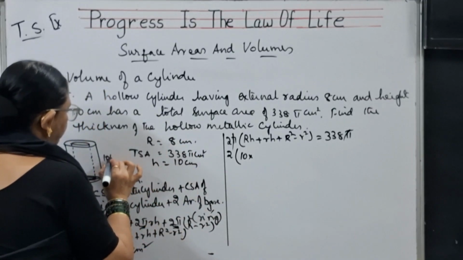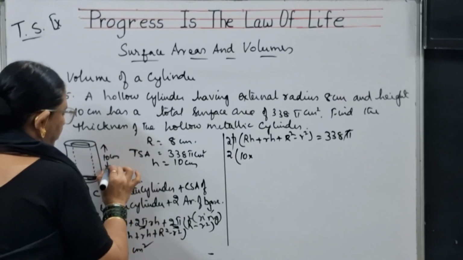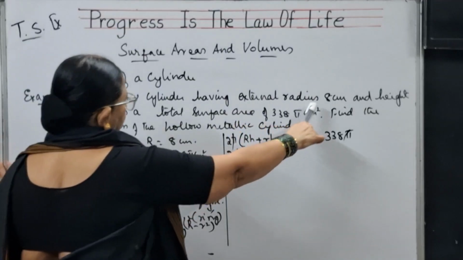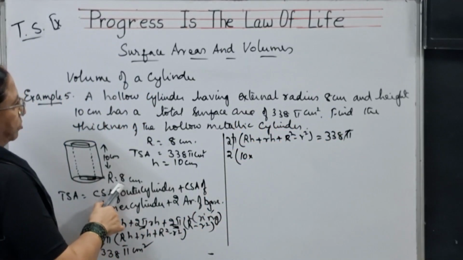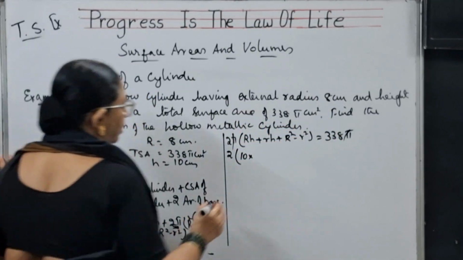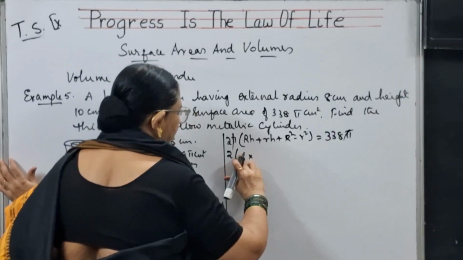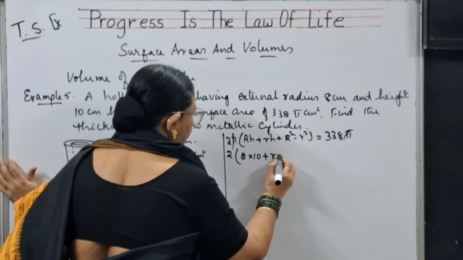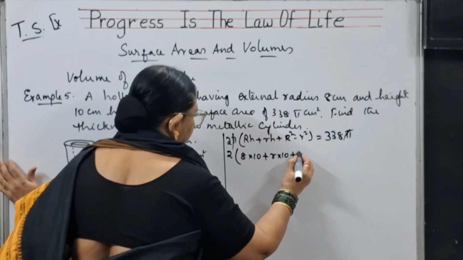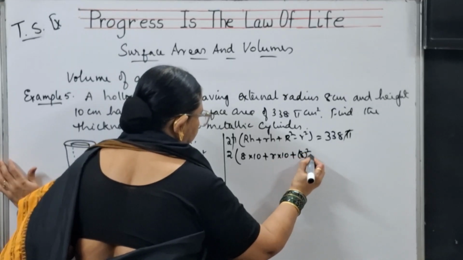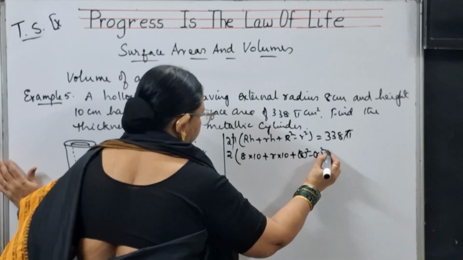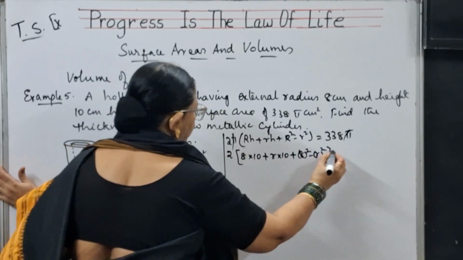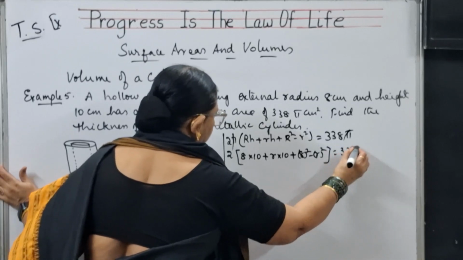So external radius capital R is 8 centimeters into 10 plus small r, which we don't know, into 10 plus capital R square, 8 square, minus small r square. So this is going to get us 338.